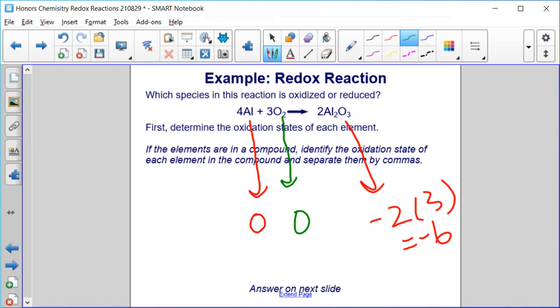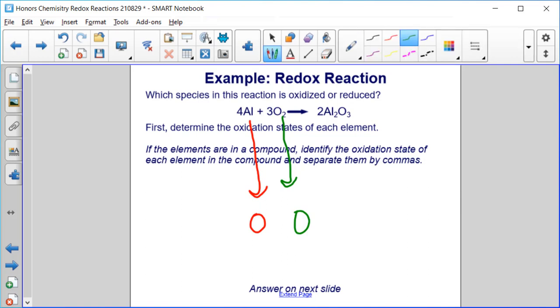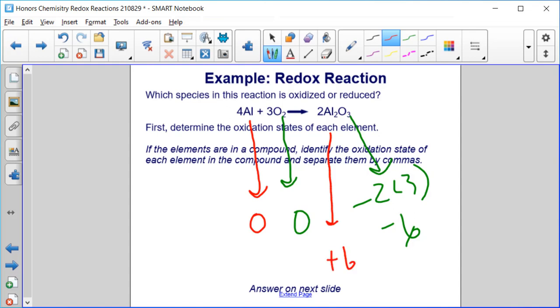Oh, I used the wrong color. I'm going to fix that so it's not confusing. So -2 times 3 gives us an overall -6. Now, this compound overall is neutral, right? Al2O3 has no overall charge. So that means I need to contribute an overall +6 from the aluminum.